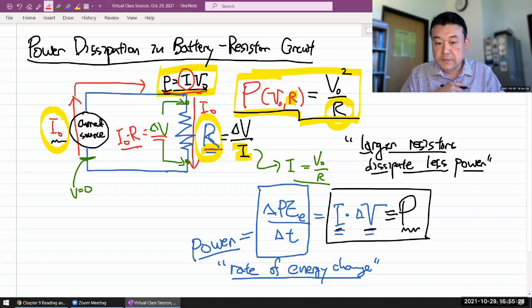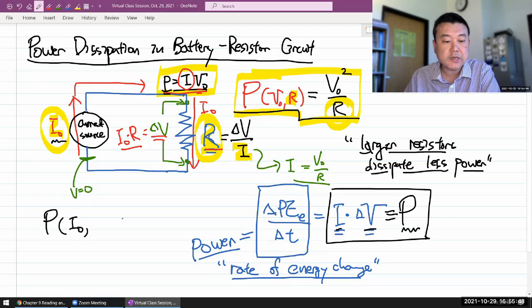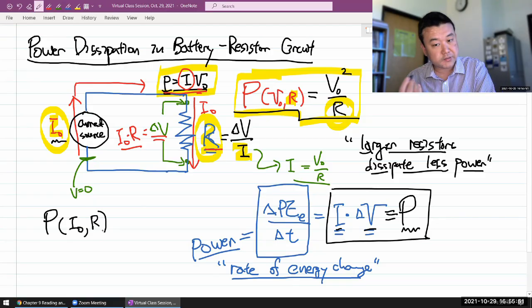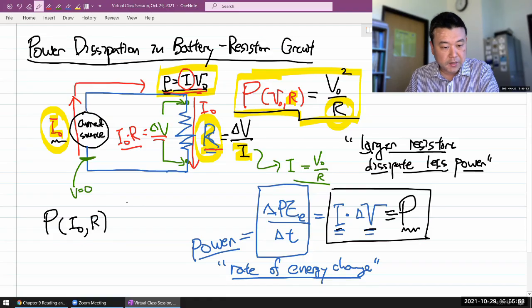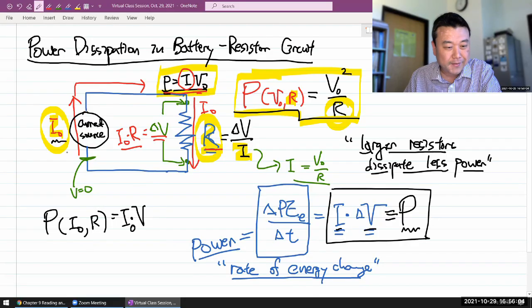So let's imagine in this scenario, how does my power dissipation depend on the parameters I control? I control the amount of current from the current source, and I control the resistance. How does my power depend as a function of my current from the current source and the resistance of the resistor I pick? I look at that expression again, current times voltage. In this case, current is I naught, the current that I set at the source, and the voltage is my unknown quantity this time.